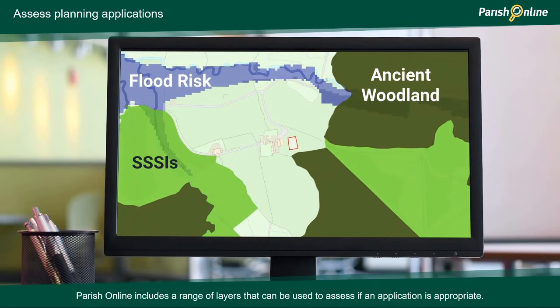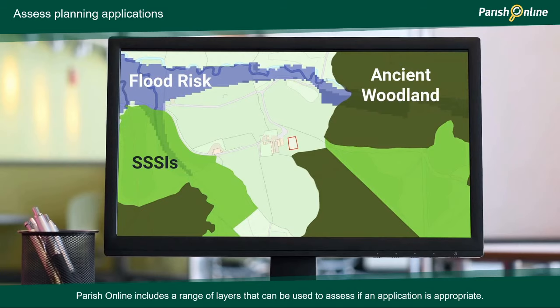So looking at some examples of what Parish Online has been used for, it's used a lot in assessing planning applications. As parish councils are given a voice in a planning application, you also need the information to be able to make an informed decision on that.